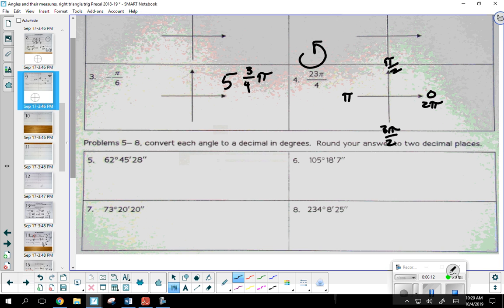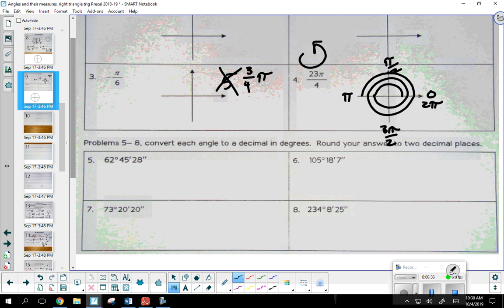So I'm going to start at the positive x-axis, which we call standard position. So I'm going to say there's 1. So I've taken care of 1 pi, but I need to go 5 pi. So there's 1, 2, 3, 4, 5. Okay, so I've taken care of the 5.